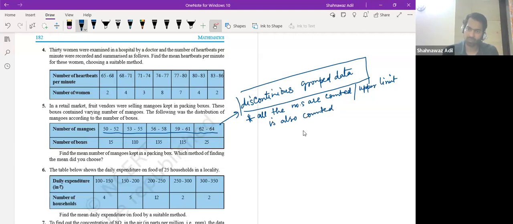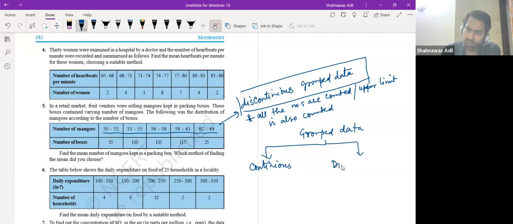So you have two kinds of grouped data. One is the continuous one that we were doing, and the other one is this discontinuous one.